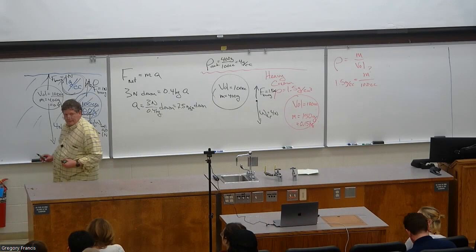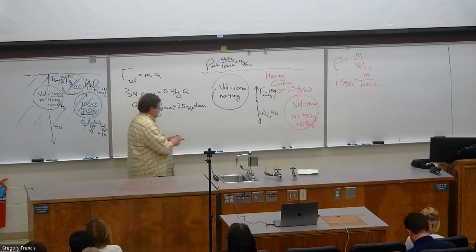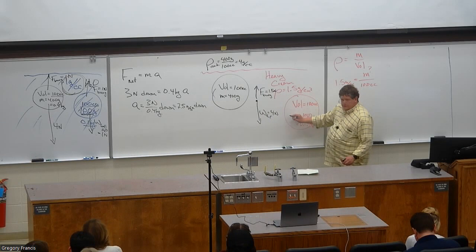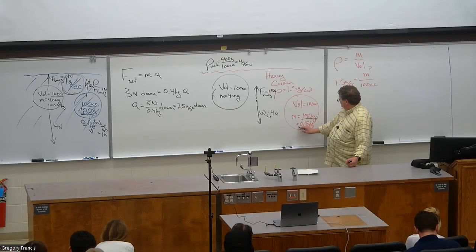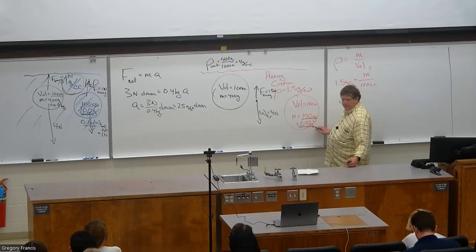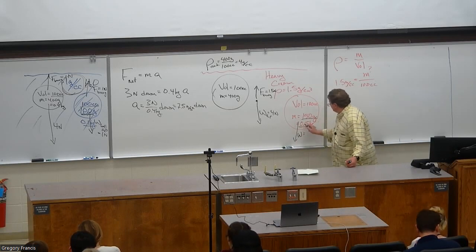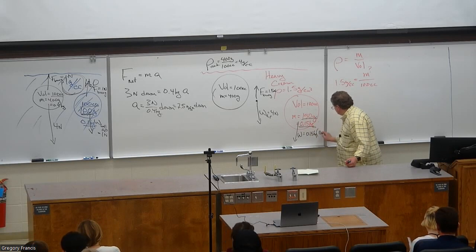Can you show the math for that? Sorry, should I show the math for the buoyant force? The buoyant force is the weight of the liquid that got displaced. Since I displaced 150 grams of heavy cream, or 0.15 kilograms, the weight force of this would just be the mass, 0.15 kilograms, times g, which is 10 newtons for each kilogram.